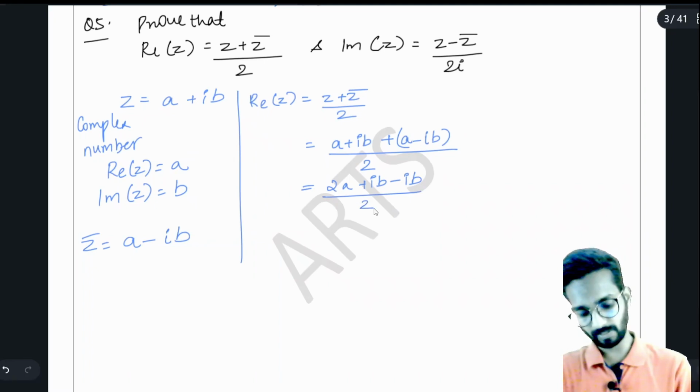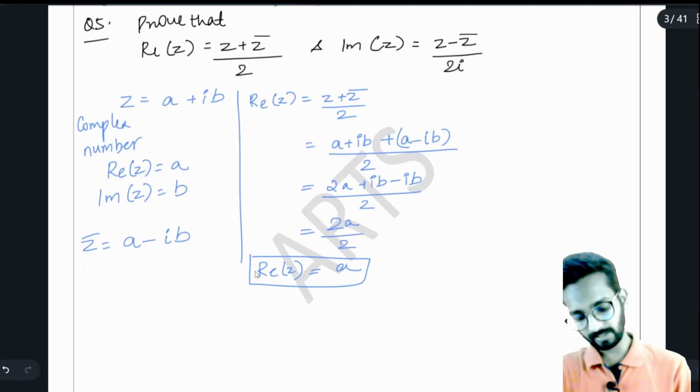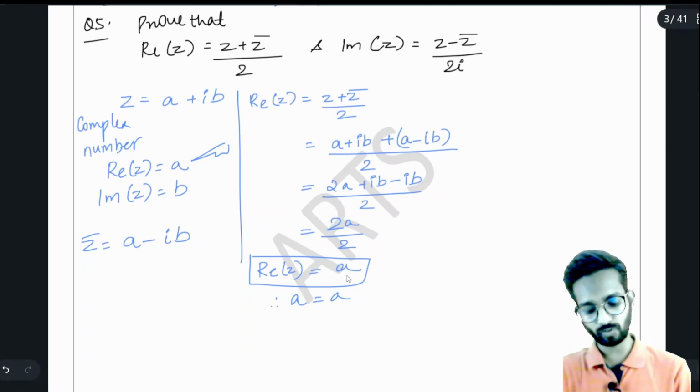It will be 2a by 2. Your answer will be a. So real of z, they are getting a, and hence proved that real z is a only. So therefore a is equal to a. We could prove that our real part of this complex number z is a only.